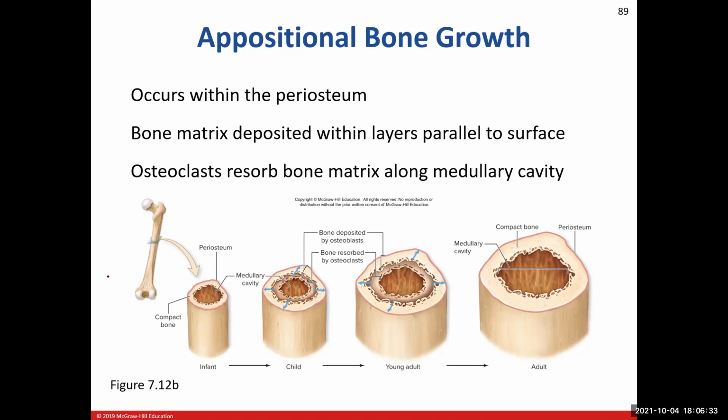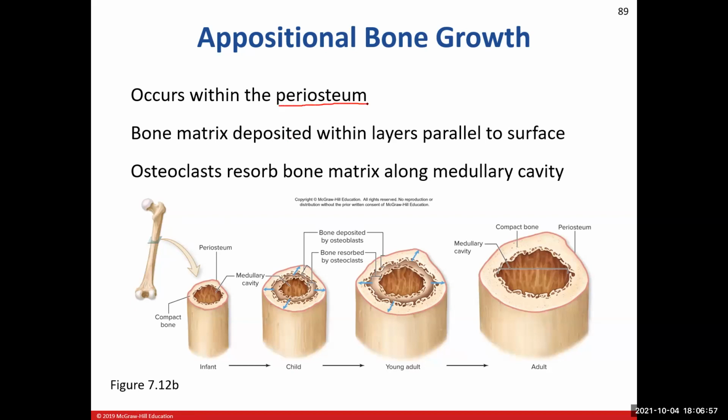As you know, your bones from infancy to childhood to adolescence and even into adulthood become thicker. So when we're talking about appositional growth, we're going to talk about the periosteum and the endosteum. The actual laying down of new bone tissue is going to occur in the periosteum.